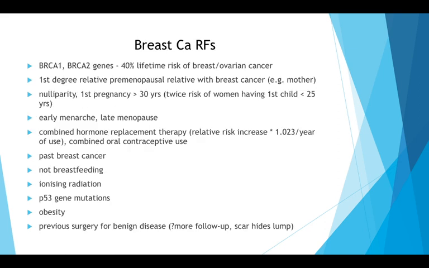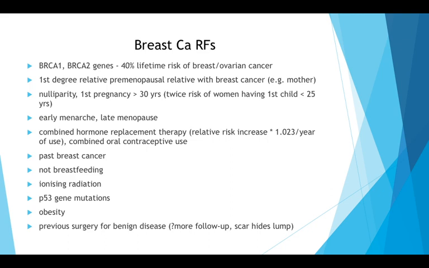So what are some of the risk factors for breast cancer? So BRCA1 and BRCA2 genes are quite highly linked to both breast and ovarian cancer. Having a first degree relative with breast cancer in the past. Not having children, so nulliparity. Older age for the first pregnancy, so that's a cause.